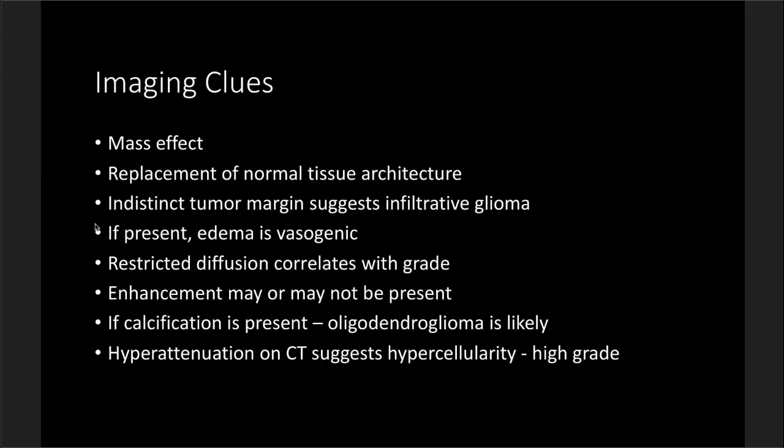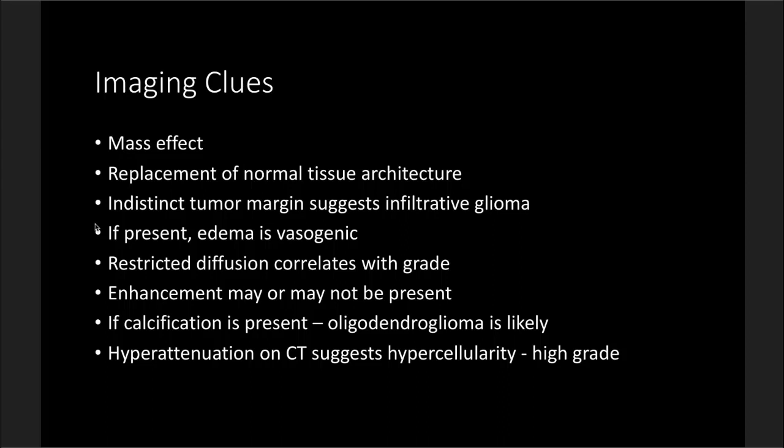If we see restricted diffusion in the tumor, that correlates with a higher grade. Enhancement may or may not be present in these tumors. And if we see calcification in a tumor, then we need to think about oligodendroglioma. That's going to be the most likely diagnosis. Similar to restricted diffusion, if we see hyperattenuation on CT, that suggests hypercellularity in a higher grade tumor.